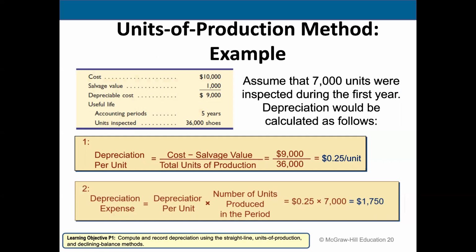So every time our machine inspects a shoe, we're going to depreciate or recognize 25 cents of the machine's cost as an expense. So in this first year, they used it for 7,000 inspections. So we're going to take 25 cents times 7,000, and we will depreciate $1,750 in that first year.